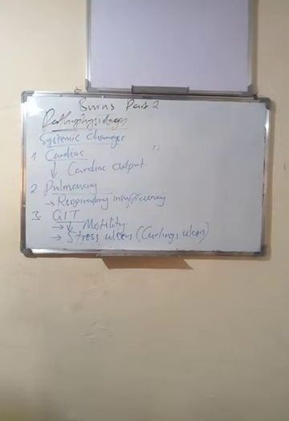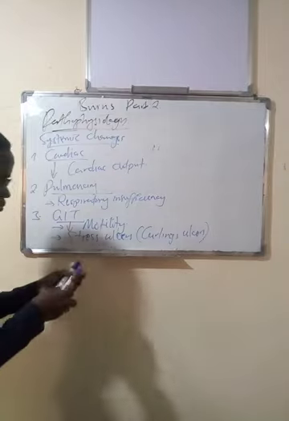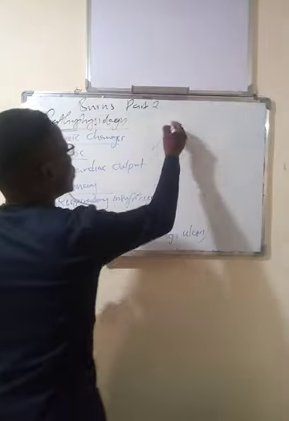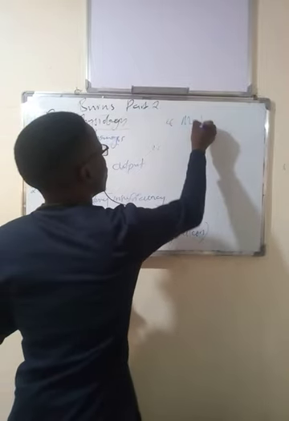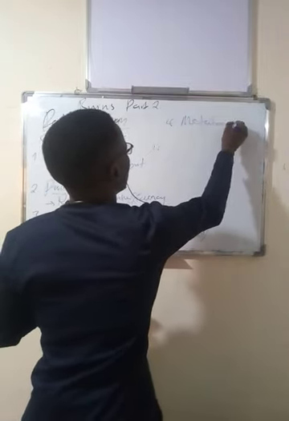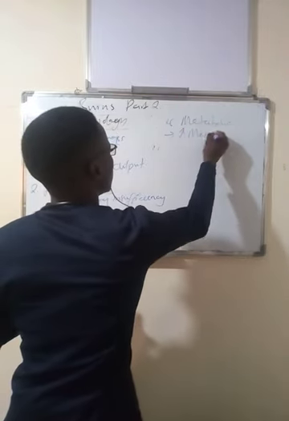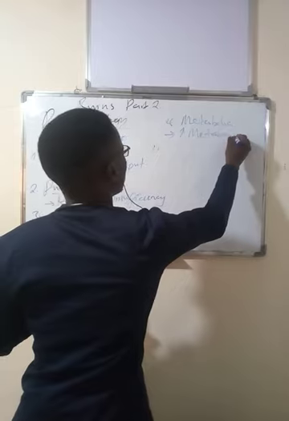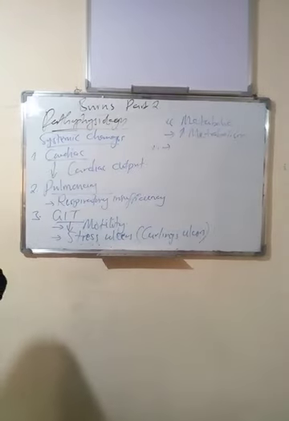Then metabolic and immunologic, okay, metabolic. Here there's going to be increased metabolism, okay, there's increased metabolism, right? And then other than that, there's also increased oxygen and calorie requirement.